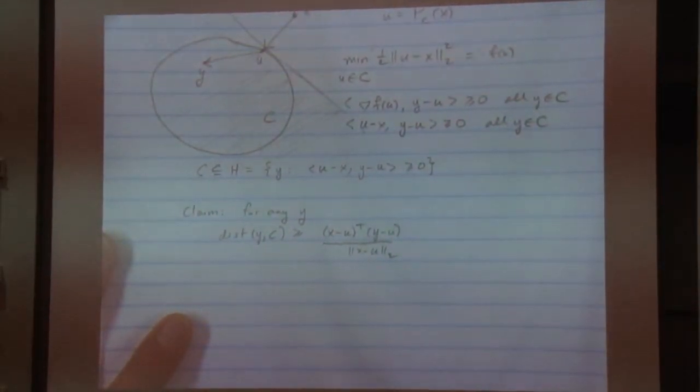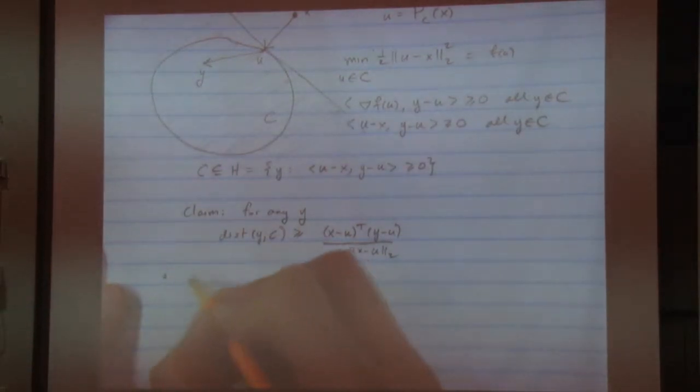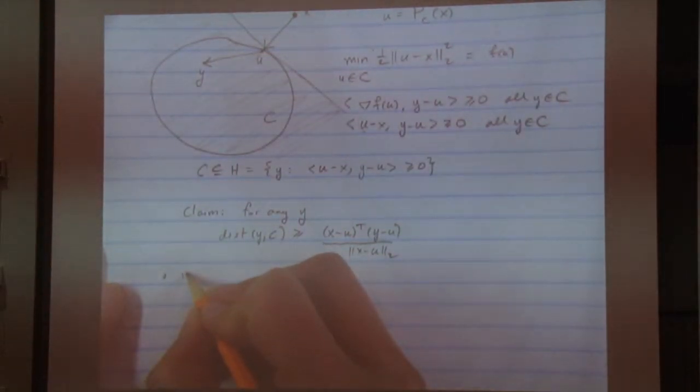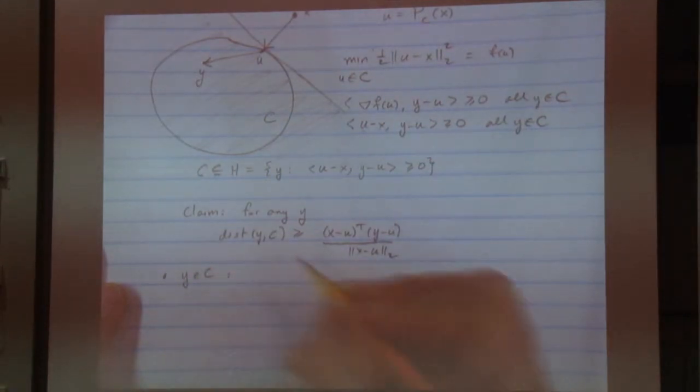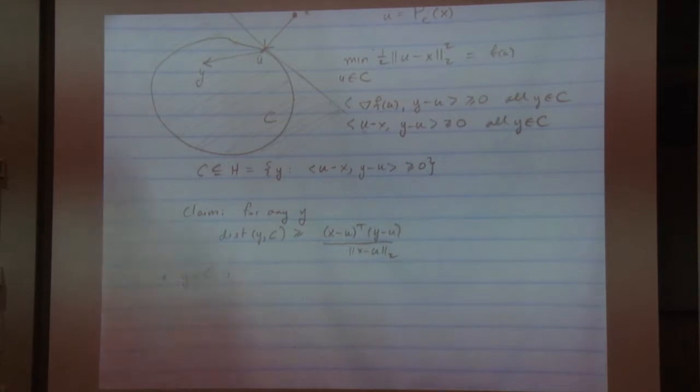You're going to see where that comes from. Let's just go ahead and check this directly. We'll do two cases. The first case is when y is in C. Actually, sorry, when y is in the half space.